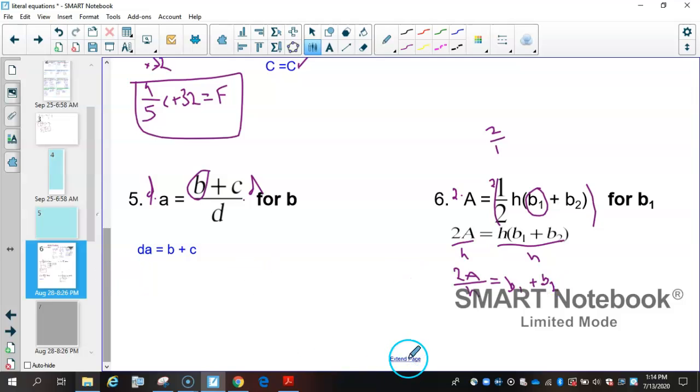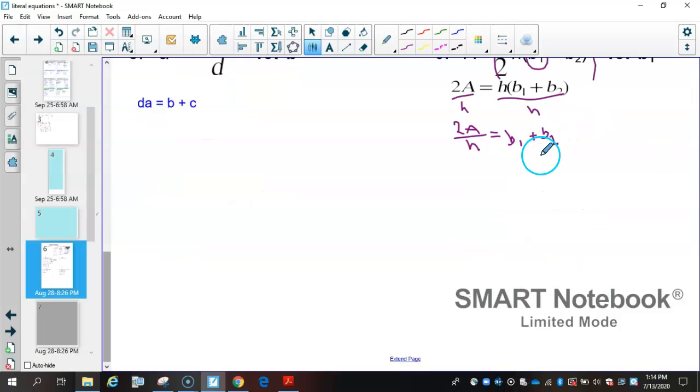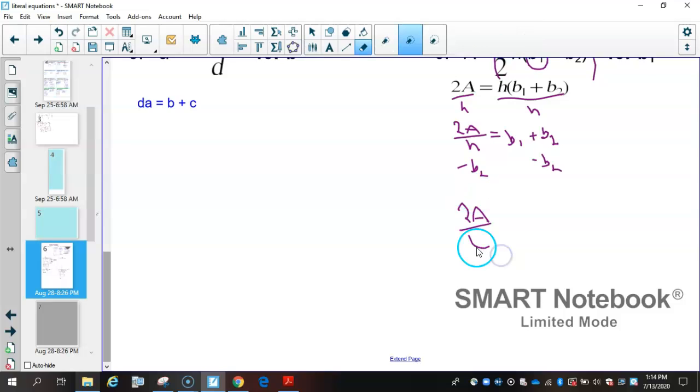And since we're solving for b1, I can get rid of b2 by subtracting. So that's going to look like 2a divided by h, and this, wow, that did not look like an h at all.